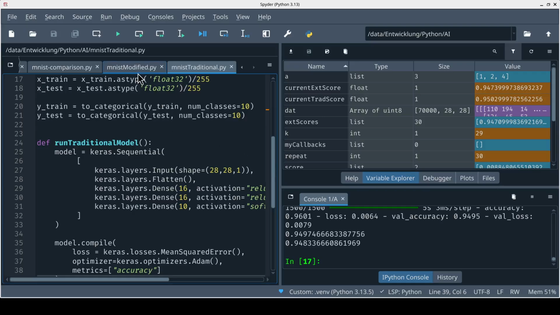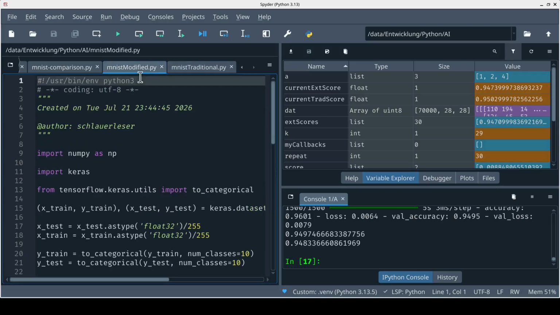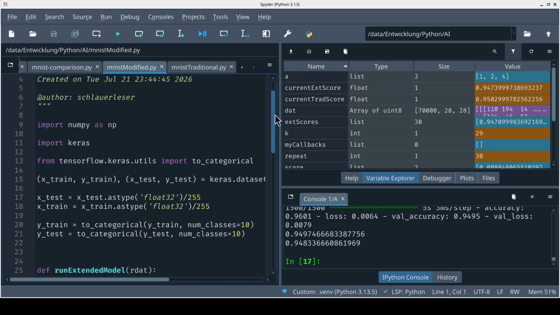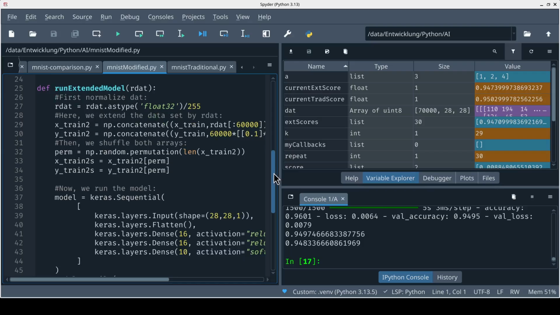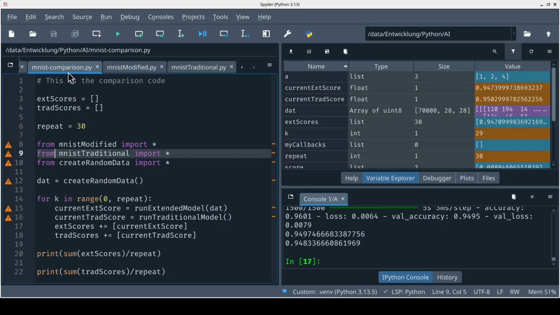So what I did in this other file was that I appended data, and the model was to recognize that random data, which I had produced using an external function.